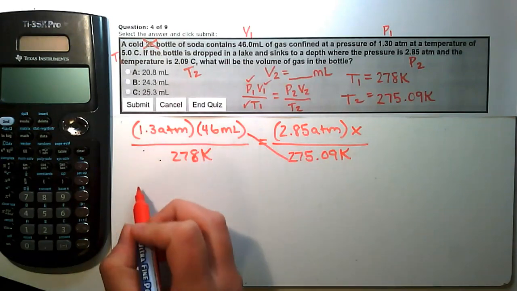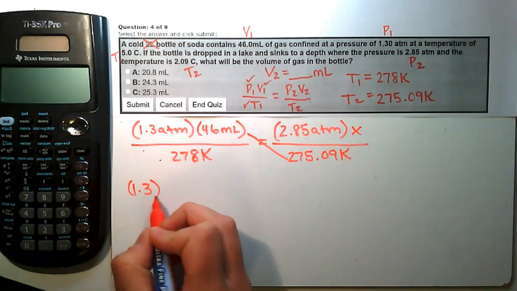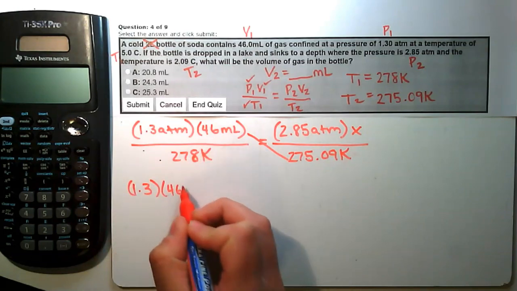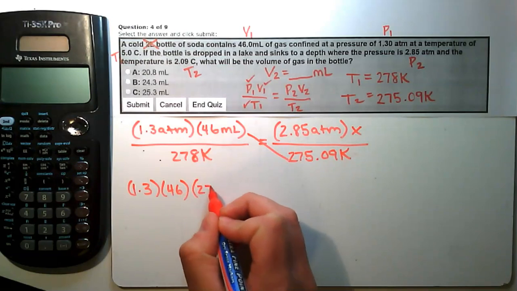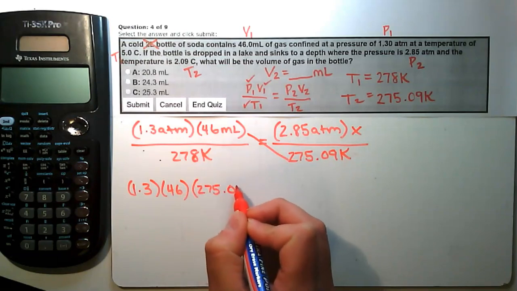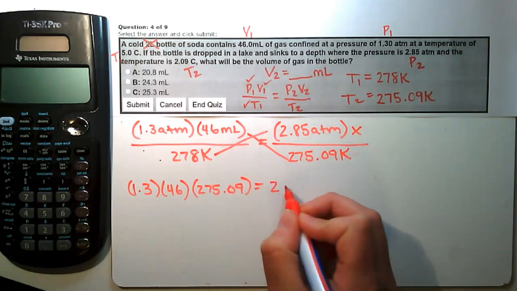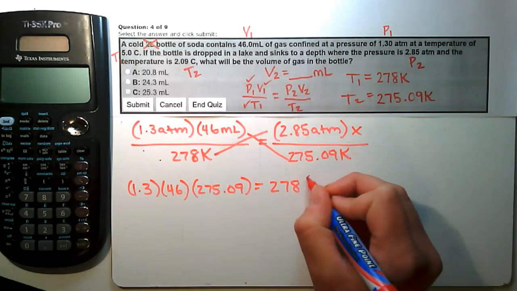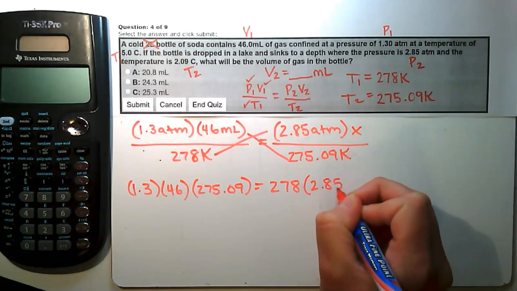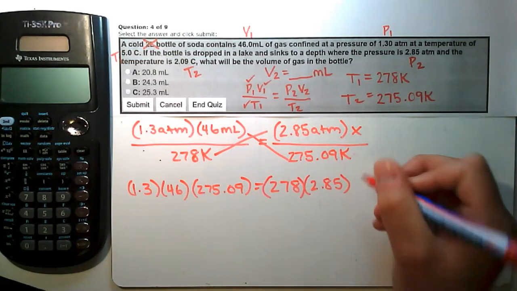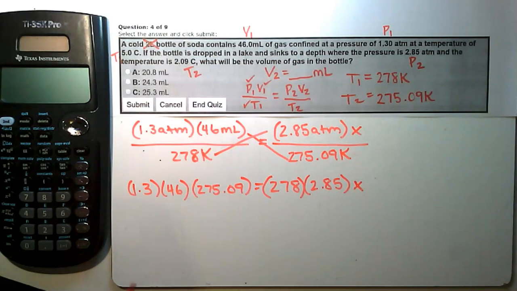So we're going to do 1.3 times 46 times 275.09 equals 278 times 2.85, put that in parentheses, times X. Let's go ahead and combine some terms here.